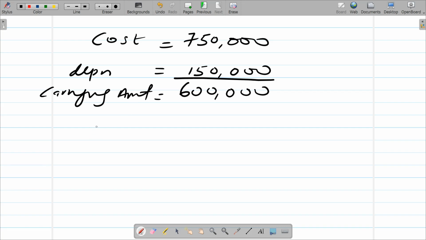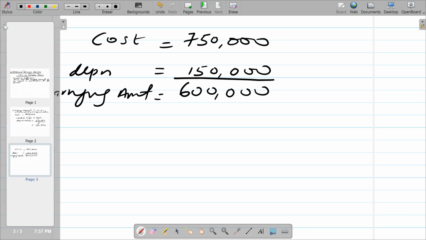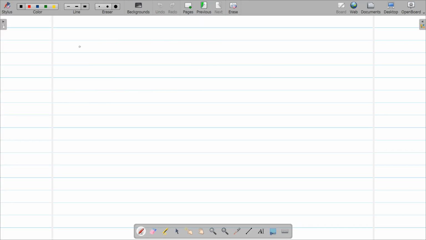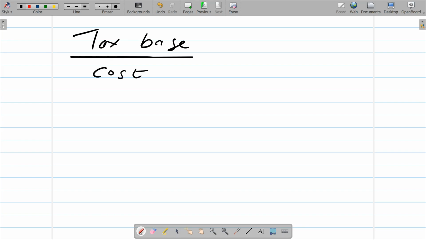Now let's calculate the tax base of the asset. The tax base is equal to the cost minus the capital allowance granted.